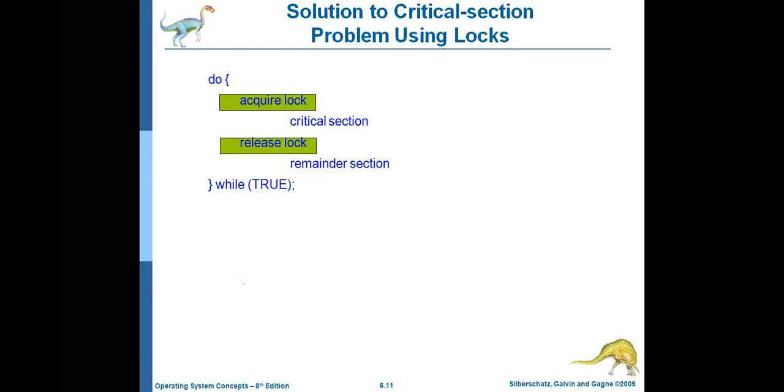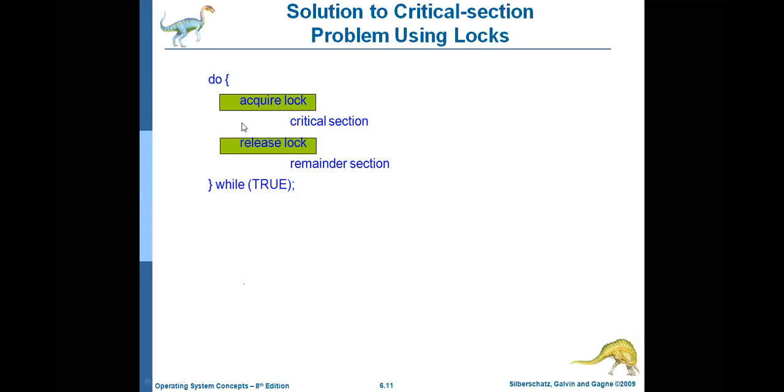At that time, P2 is also allowed to enter into the critical section. Likewise, at a time only one process can acquire the lock and enter into the critical section. All the remaining processes are waiting for the release of the lock. Whenever the process releases the lock, the next process can acquire the lock and enter into the critical section.